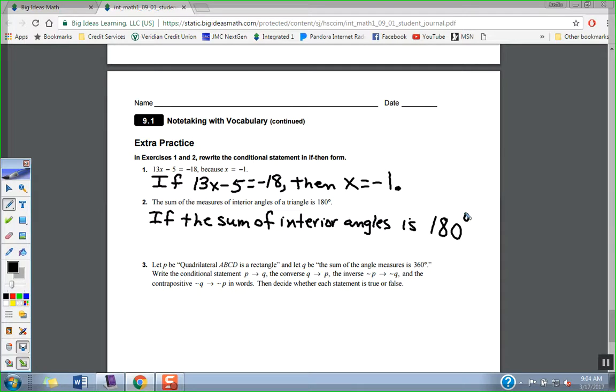What shape has all angles add up to 180 degrees? A triangle, right? Supplementary is 180, I agree with that. We might say then the shape you're dealing with is going to be a triangle.